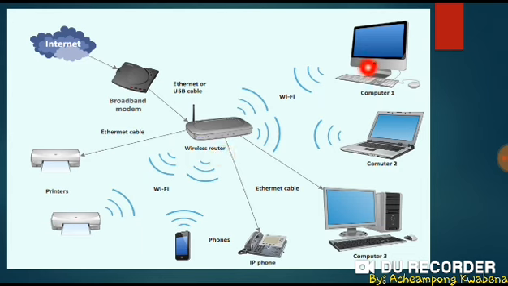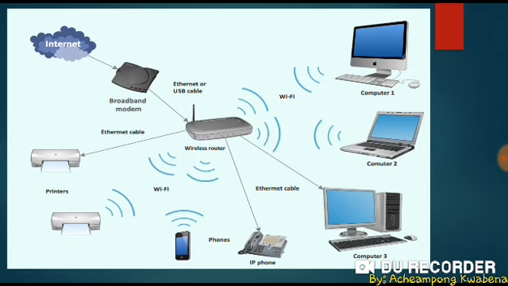All these computers or devices are linked to the router, but we don't have any cable connecting the other devices to the router. We can see some signals here, and all these signals represent wireless technology. So all these devices are connected to the router by the use of wireless technology. There is no cable connecting the devices to the router.